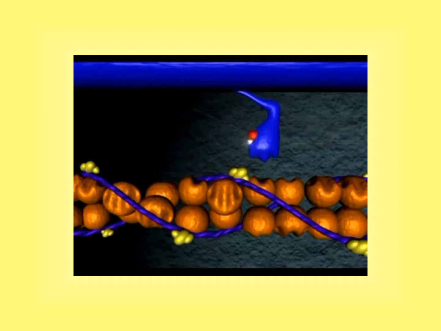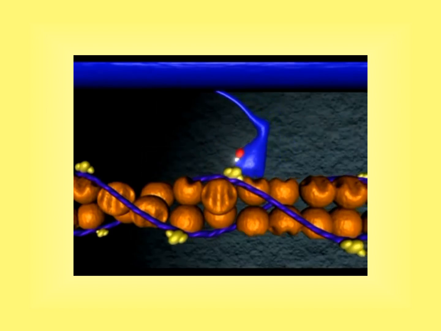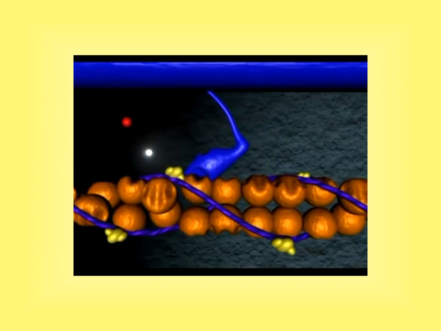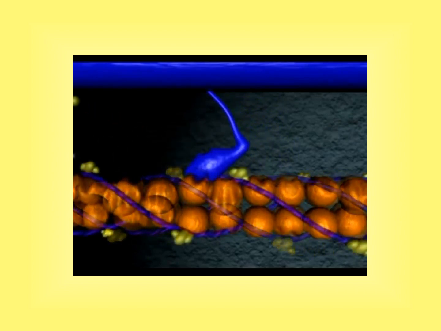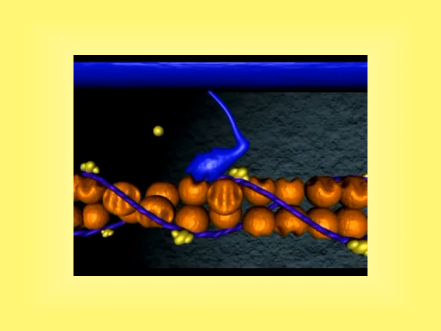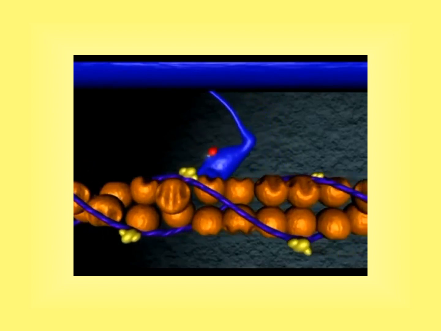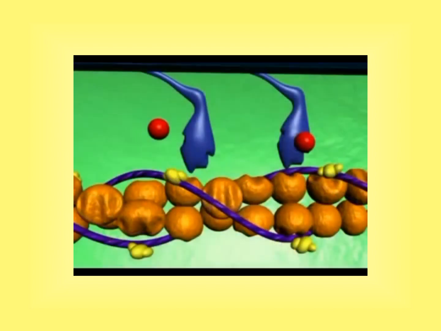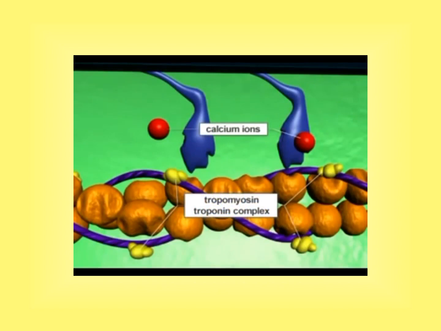When that linkage takes place, it causes a dissociation of the ADP. The dissociation of the ADP causes the myosin head to do a conformational change, opening up the binding site for ATP again. In that conformational change swing, it pulls the actin towards the M line.